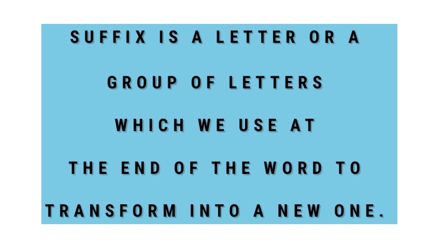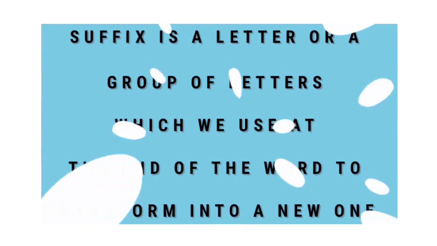So sometimes we use a suffix at the end of a word to create a new look of this word, like goodness, happiness, disgustingly. So in the next part you will know how to define a suffix in a word, how to distinguish it from a prefix, and the third one, how to create a new word with the help of a suffix. So let's go see it.